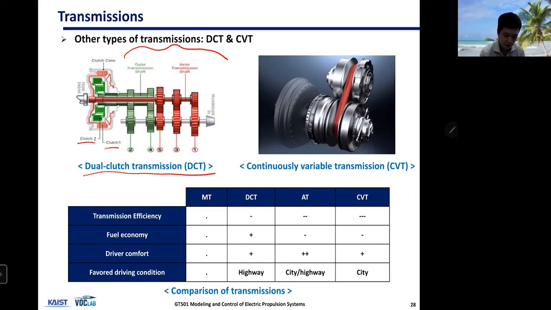The computer and actuator do it for you, because you had to press on the clutch and shift and then release the clutch, but the automated transmission does that for you.